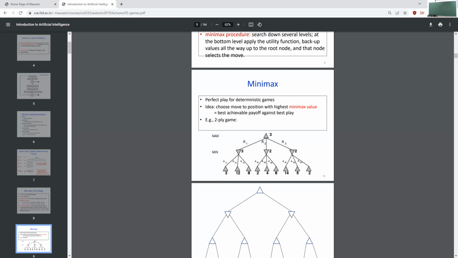So consider the leftmost node of layer 1, which is the inverted triangle node, the min node, the leftmost one in the picture, which has a value of 3 associated with it. So how do we get the value of 3 here?